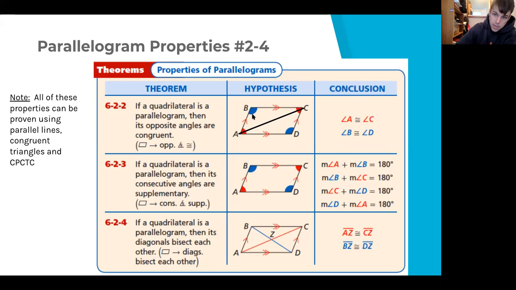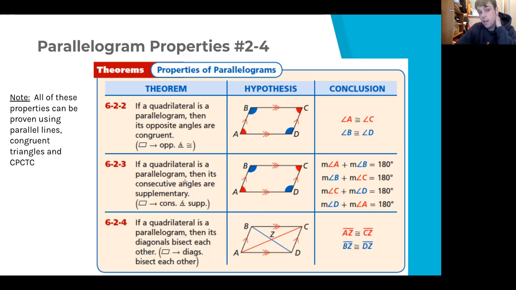Therefore, B and D are congruent by CPCTC. And then if we draw the diagonal the other way, it's easy to show that these triangles are congruent, again by ASA, and that makes these corresponding parts. Pretty simple proofs. They're multiple steps, not super easy. They're some of the harder ones we did, but they are basic CPCTC proofs.